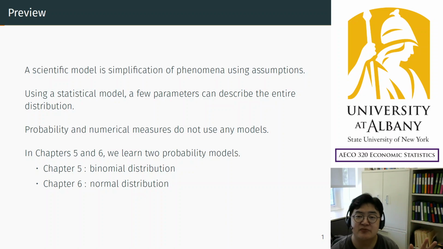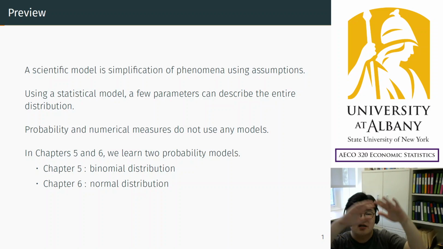If the number of possible outcomes was small, then it's not a problem. But in practice, the actual number of possible outcomes is quite a lot. So a probability distribution table is not practical. We cannot show the whole table for all the possible outcomes, right?